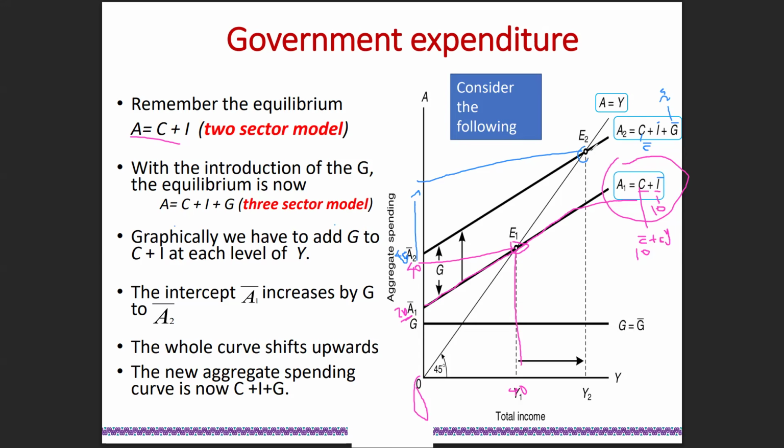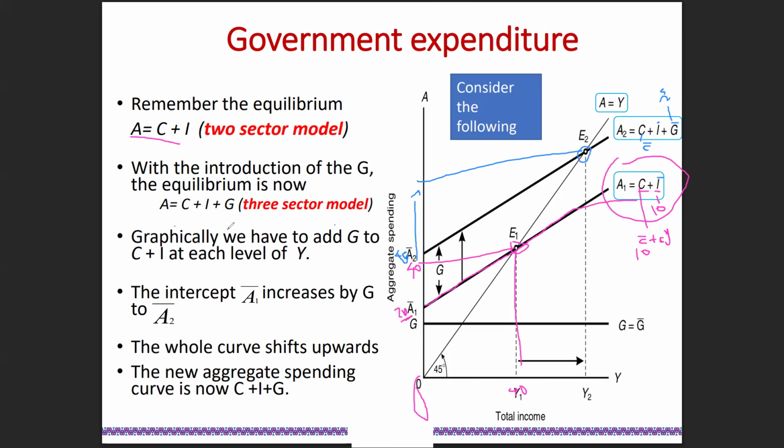Right, the equilibrium is now here because that is where this aggregate expenditure curve is cutting the 45-degree line. It looks messy. So I just hope you guys are going to be able to understand, even though it looks like this.